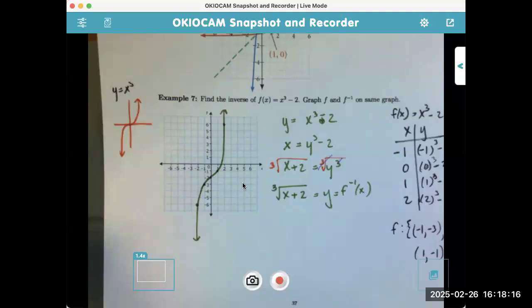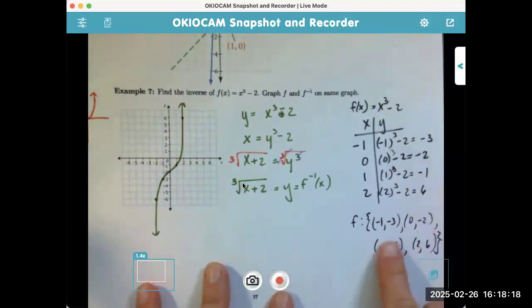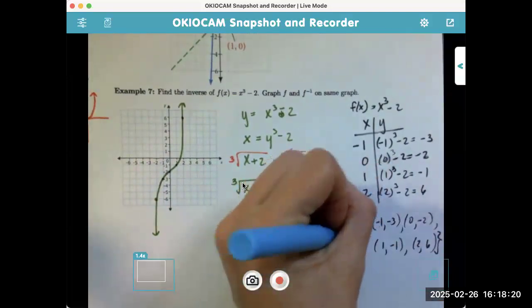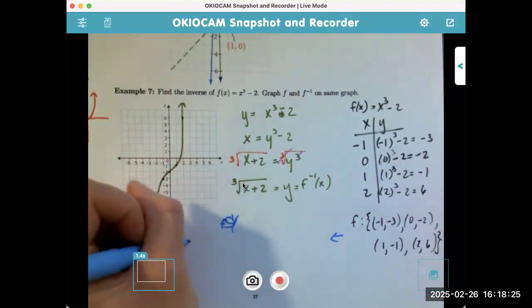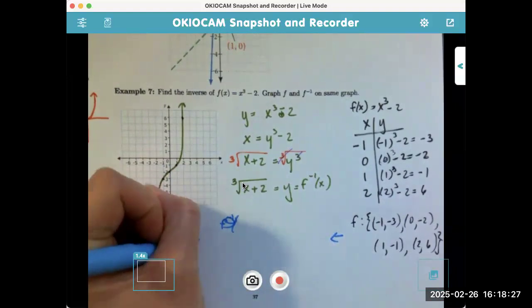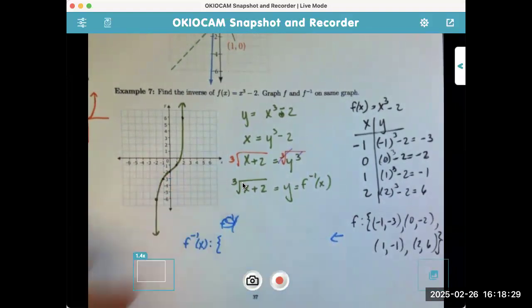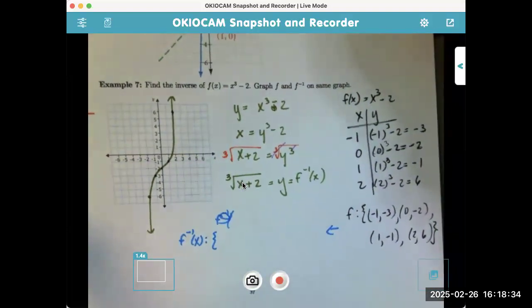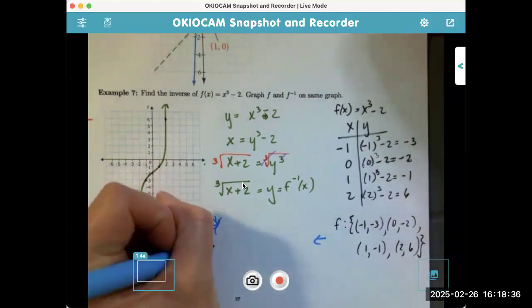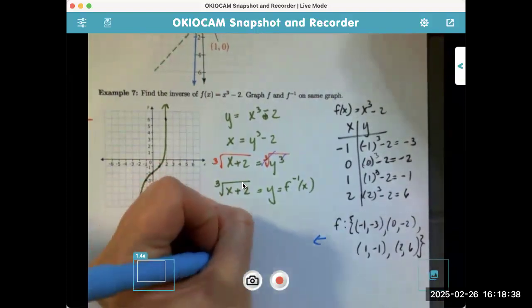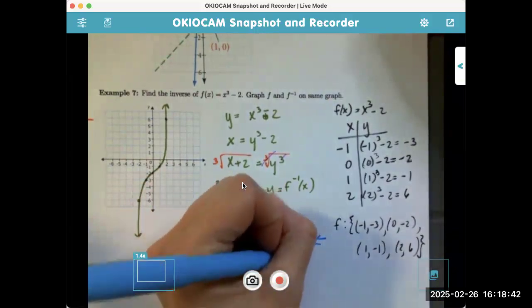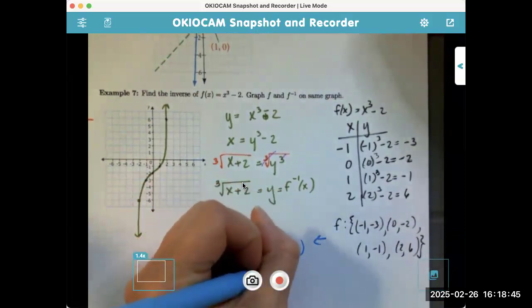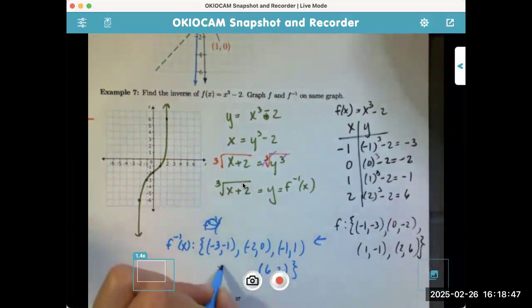Okay. So if f has these points, then we know f inverse will have, y'all pause the video real fast, write down your own points, and then play when you're ready. F inverse will have -3, -1; -2, 0; -1, 1; and 6, 2. Ta-da!